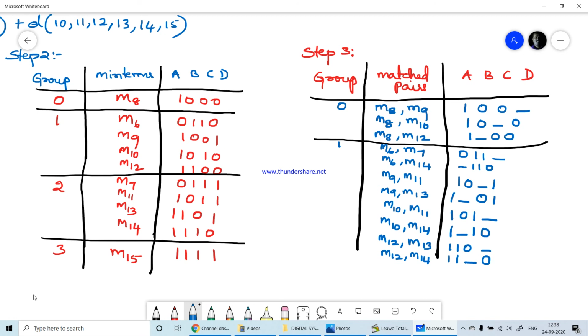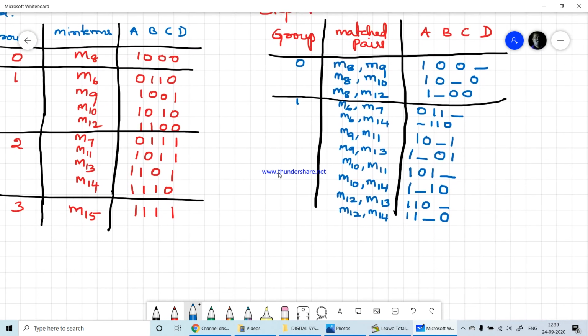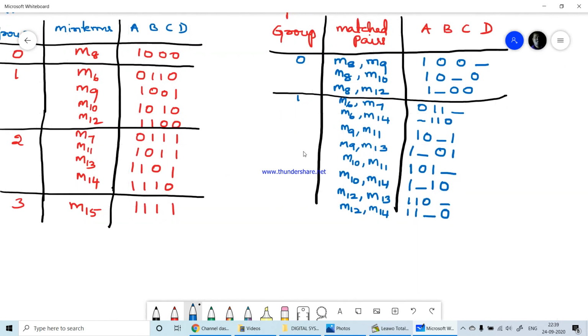Now the next group is the comparison between group 2 and group 3 of the previous table, the step 2 table. So the first comparison is M7 and M15, then M11 and M15, M13 and M15, and finally M14 and M15.